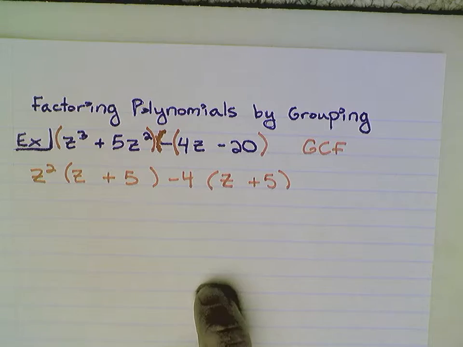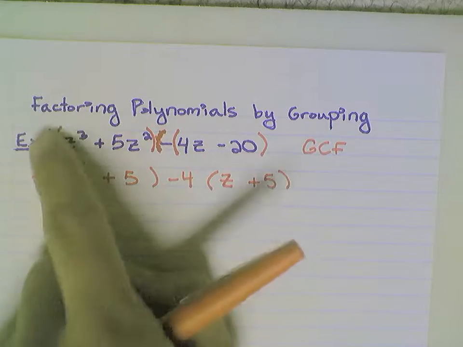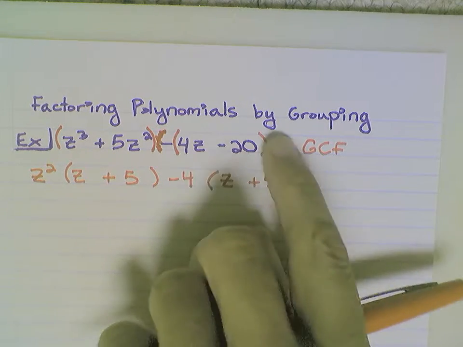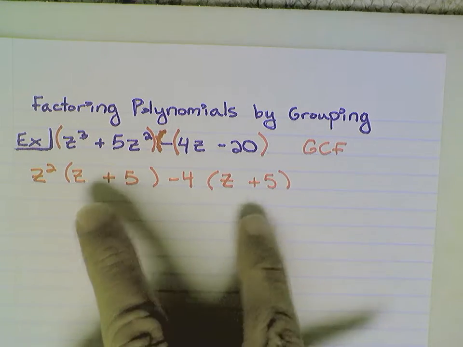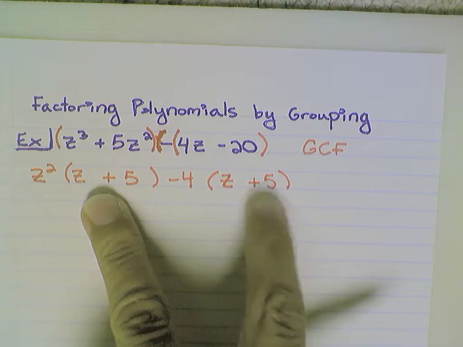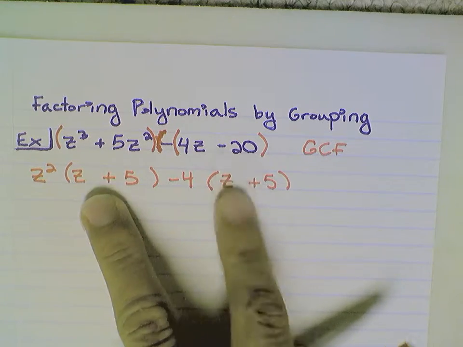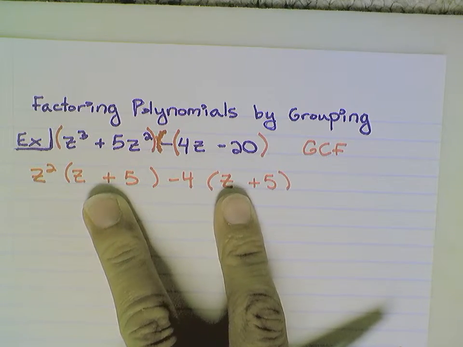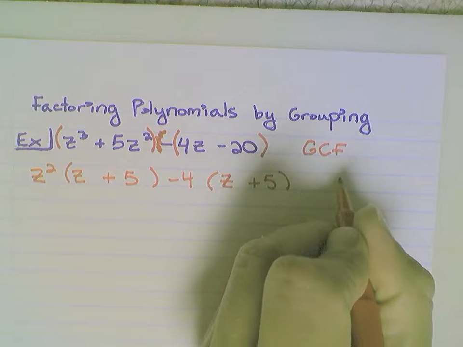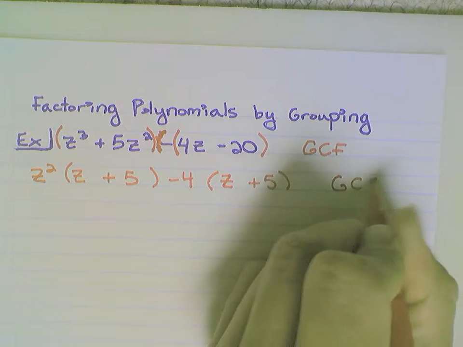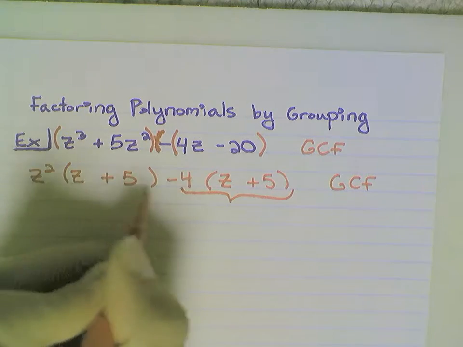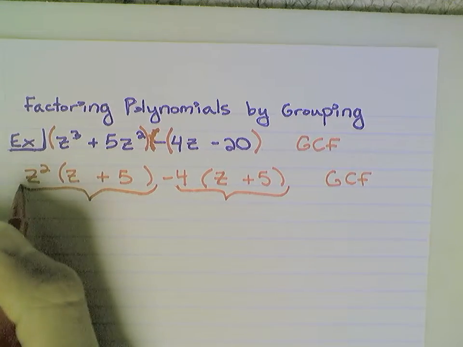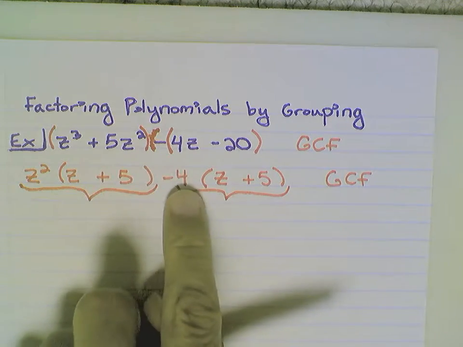Now, just as a side note, anytime we do factoring polynomials by grouping, we want to make sure that in most book problems you're going to end with these two parentheses being exactly the same, so that we can actually take out another greatest common factor between these two terms. So notice that we have two terms here separated by this subtraction sign.